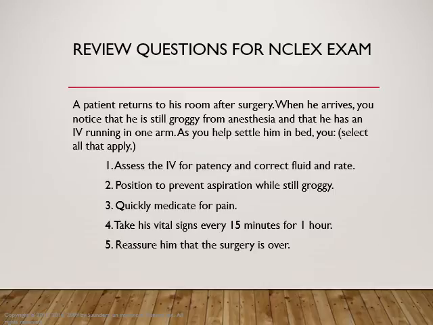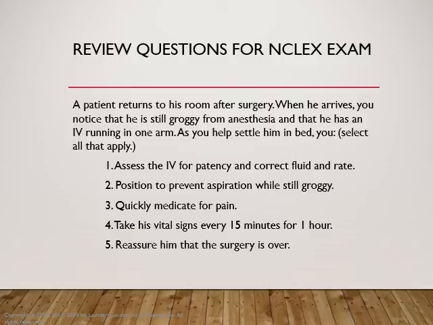A patient returns to his room after surgery. When he arrives, you notice that he is still groggy from anesthesia and that he has an IV running in one arm. As you help settle him in bed, you, select all that apply: Number 1, assess the IV for patency and correct fluid and rate.